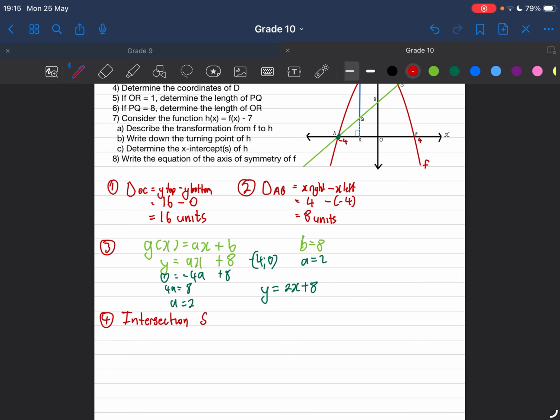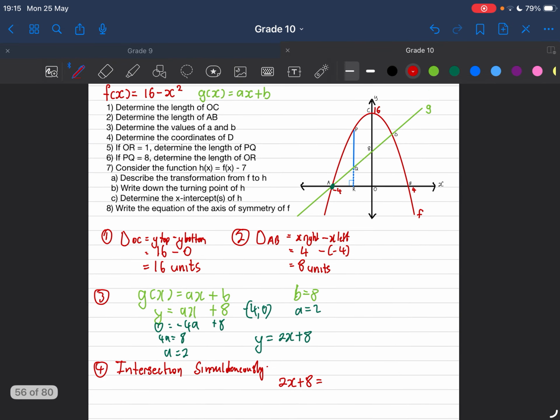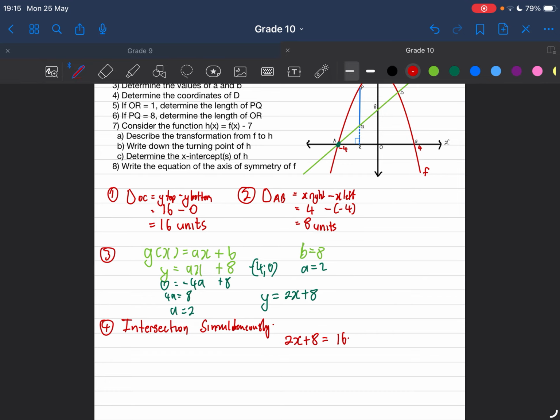So you solve them simultaneously, alright? So you can say 2x plus 8 is equal to the equation of the parabola, which is 16 minus x squared. If you move your x squared across, x squared plus 2x minus 16, so minus 8 equals to 0.